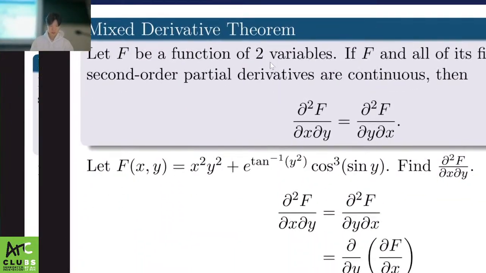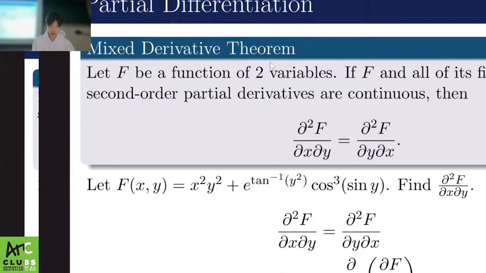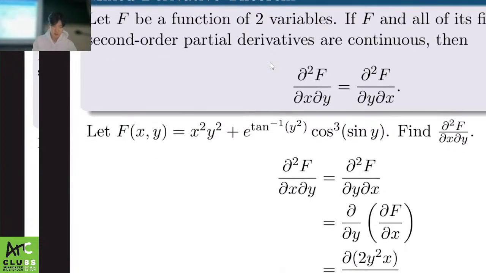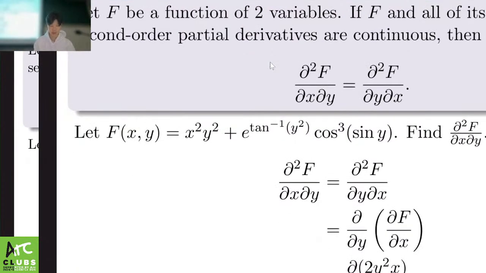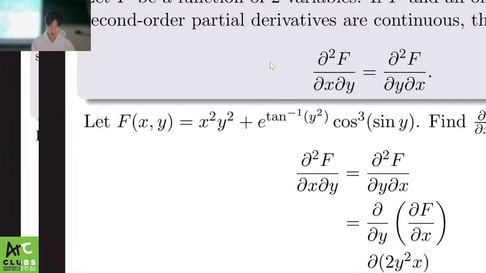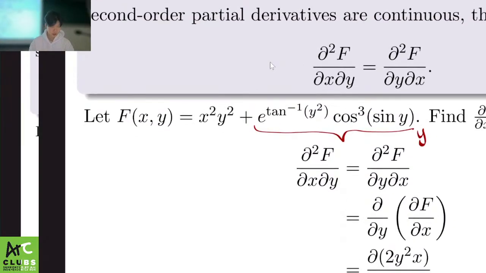So how can we use that for this question? If I have f(x, y) be x squared y squared plus this horrible expression here, we can notice all of this is in terms of y. If I want to differentiate that in terms of y, it's going to take a long time. So instead, we can take the partial of f with respect to x first.